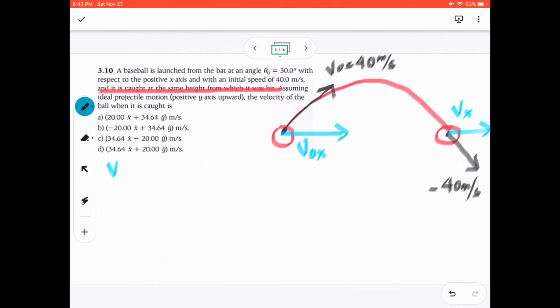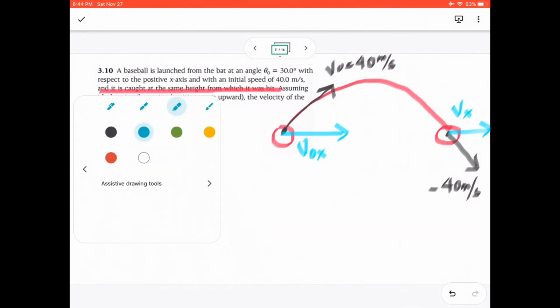The final velocity along the x-axis of any projectile, even if it's a horizontal projectile motion or a projectile at an angle, is always equal. But V0y will change depending upon the situation. V0y and Vy will change according to the situation.